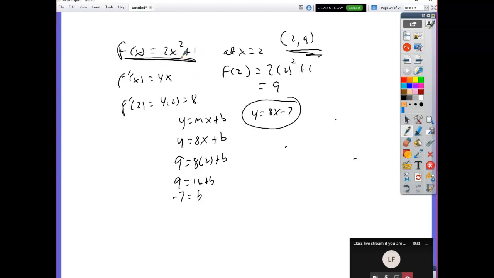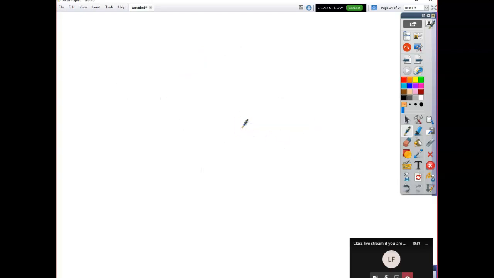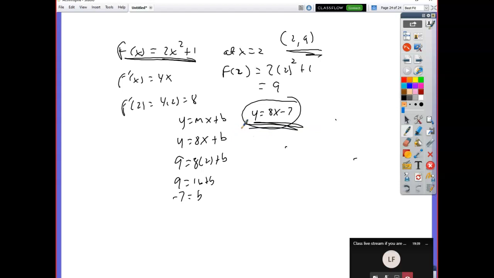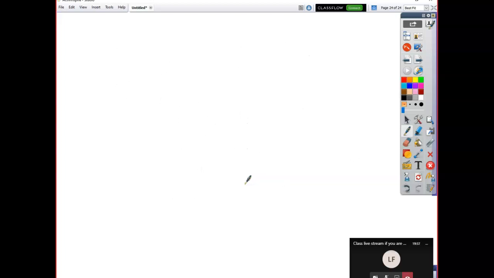What else would I do? Plug this into it as well. And then it should look like, at 2, it should be a line tangent. It should look just like a line tangent, right? So if I did it right, it'll look exactly right. Make sense? So if you want to check your answers, that's how you check your answers if I allow you to have a calculator in your desk. Make sense? All right, beautiful.